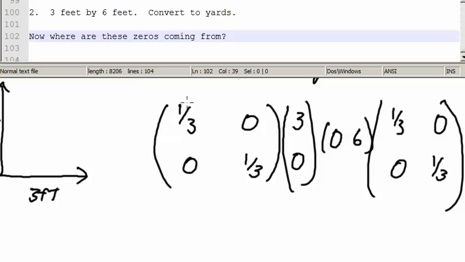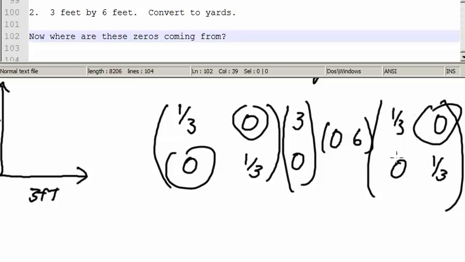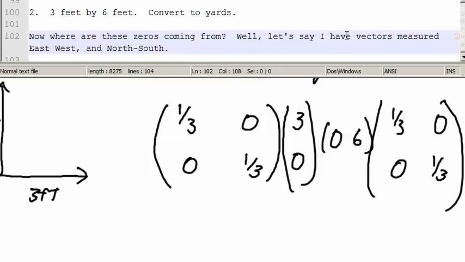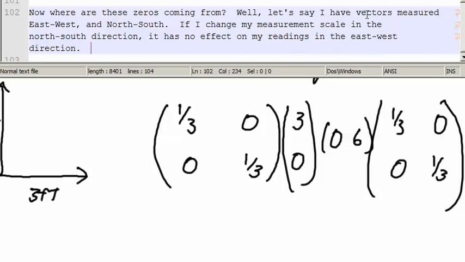Now, where are these zeros coming from? Here, here, here, and here. Well, let's say I have vectors measured east-west and north-south. So the 3 is going east, and the 6 is going north.